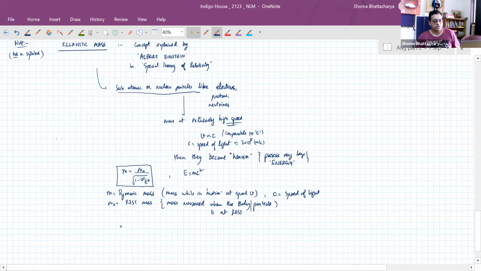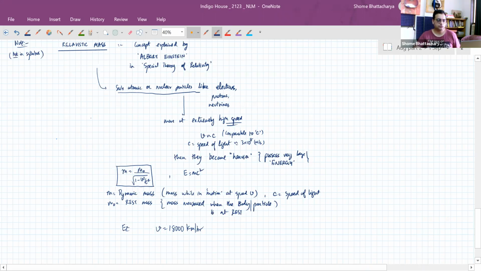Now you can see, for example, if I have something moving at, let's say, 1000 kilometers per hour, or let's make this easier to calculate. Let's say it's traveling at not even 1000, but 18,000 kilometers per hour. So it's a huge amount of speed. In our everyday sense, 18,000 kilometers per hour is a very massive speed.